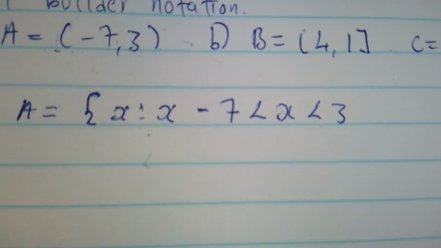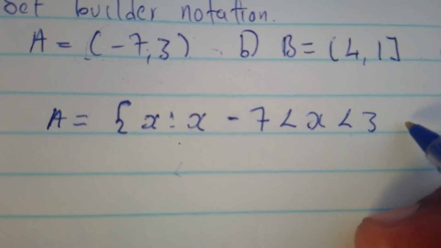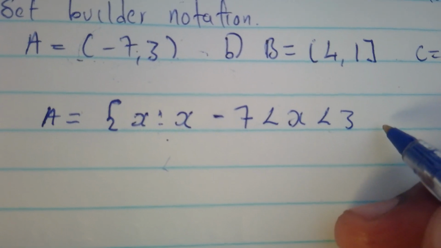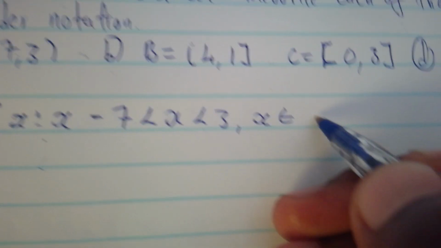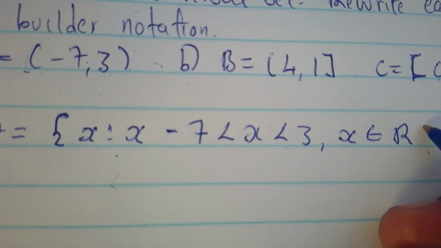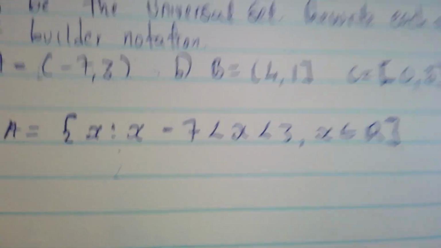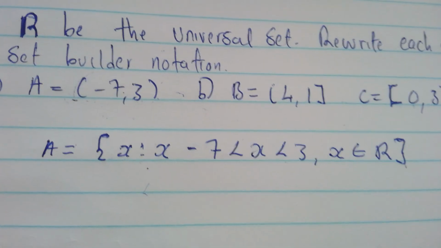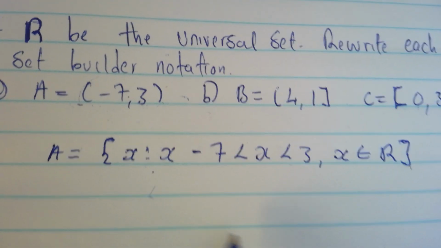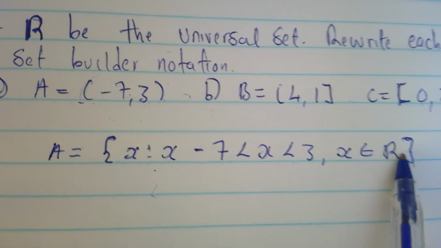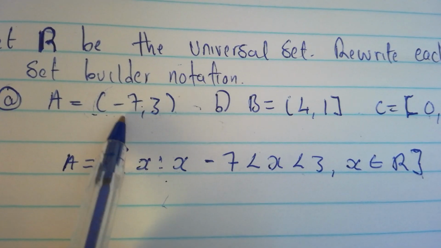So I won't put an equal sign here because these numbers are not part of the set. And also say x is a real number, then we close, right? So this is how you come up with your set builder notation. If you just give somebody this set builder notation, he can define the set like this. Let's go to the next question.